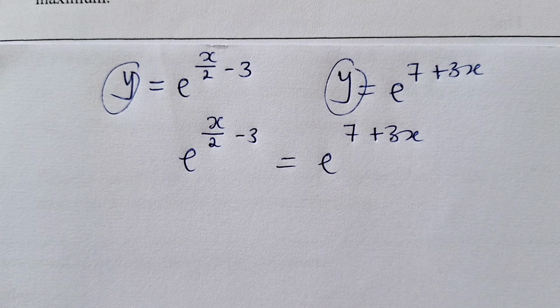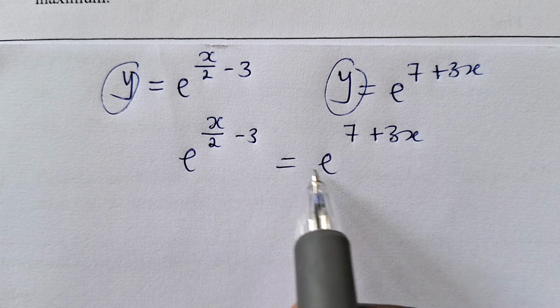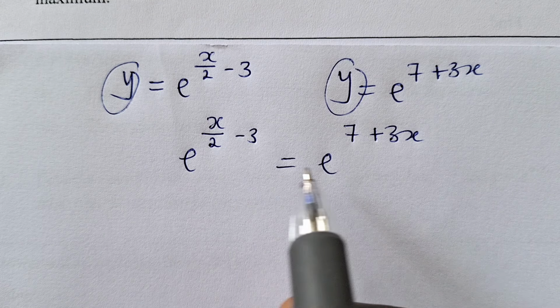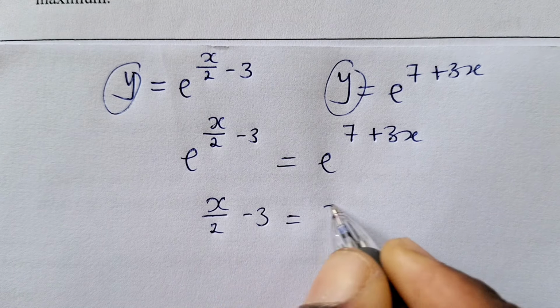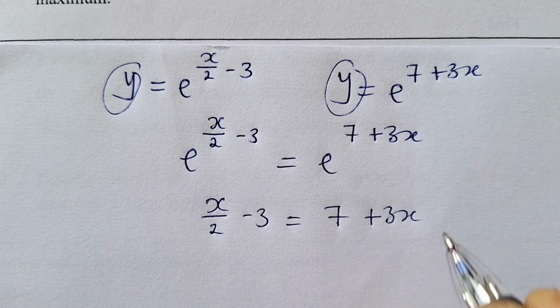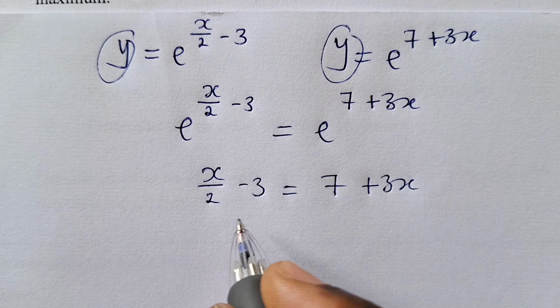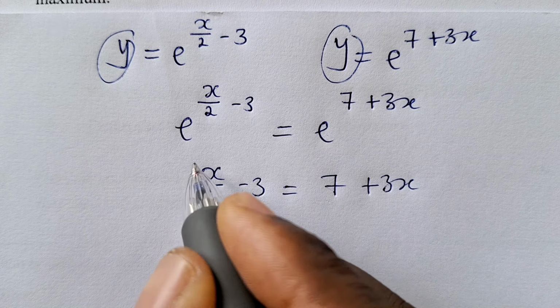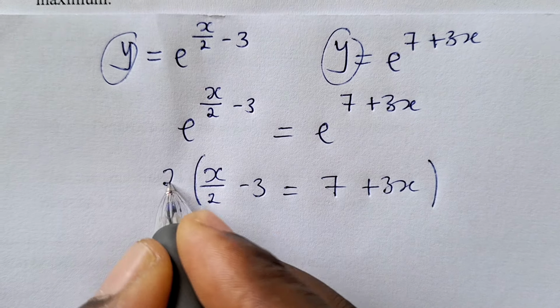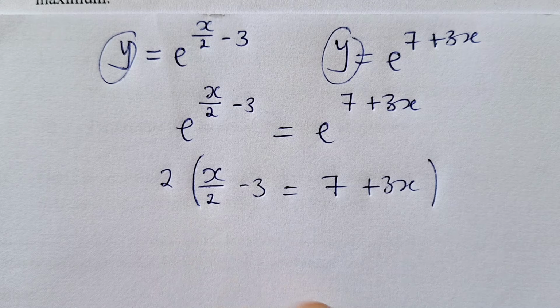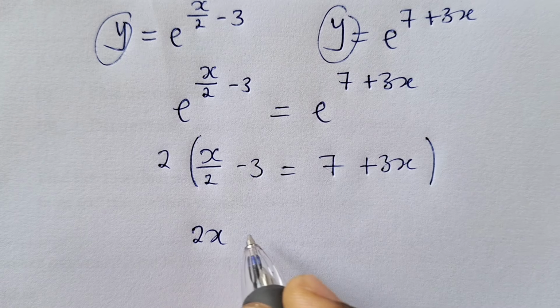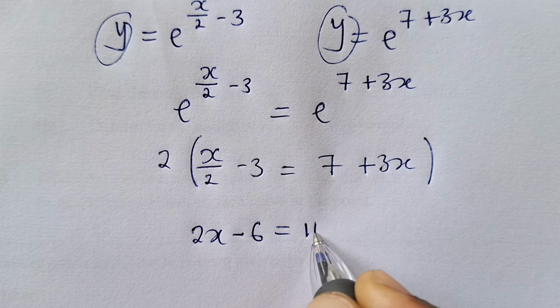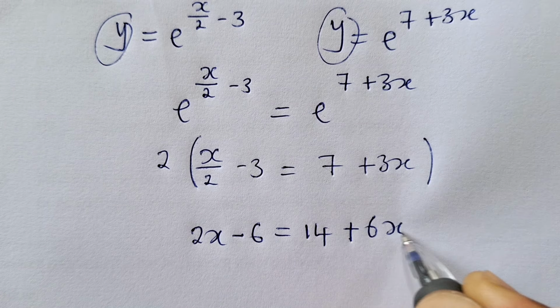And this is what I've shown. From this point, we can use the property of bases. When the bases are equal to each other, we equate the powers. And this is what we are getting. We can now multiply throughout by 2. This denominator, I don't want to have a denominator or a fraction. So I can multiply. This will give me 2x minus 6 is equal to 14 plus 6x.